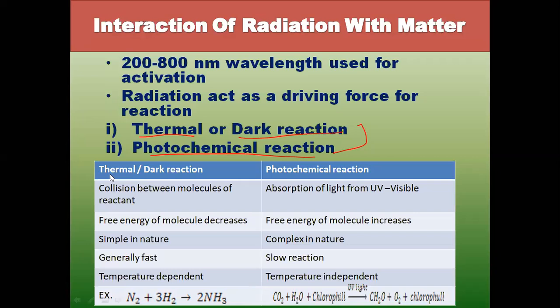If you provide these factors to the reactant molecule, then it undergoes the reaction. We know that if any reaction takes place, the molecule must be activated, so the interaction is necessary, and for the interaction we have to make it more activated.